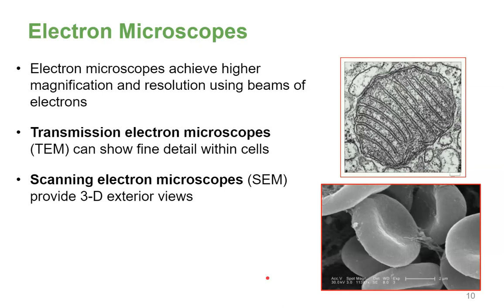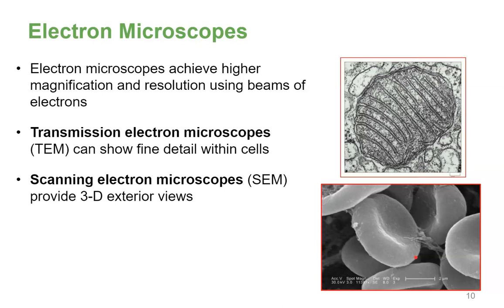So the things that we put in an electron microscope to look at, like this red blood cell, are going to be dead. No living things can be put into the electron microscope to be viewed. If you do put a living thing in there, it'll be killed by the electron beams.